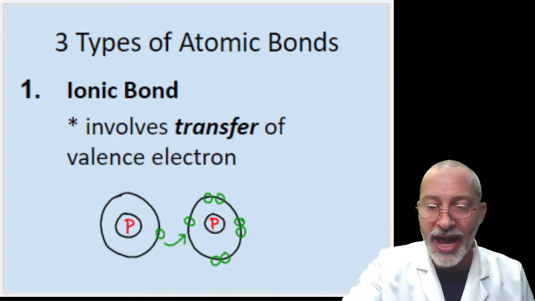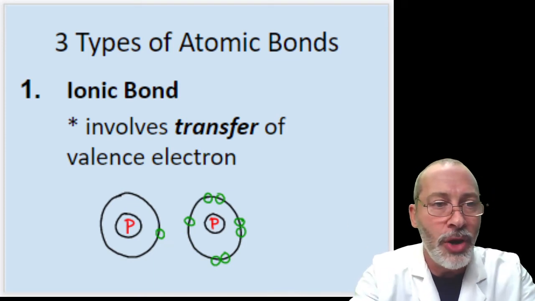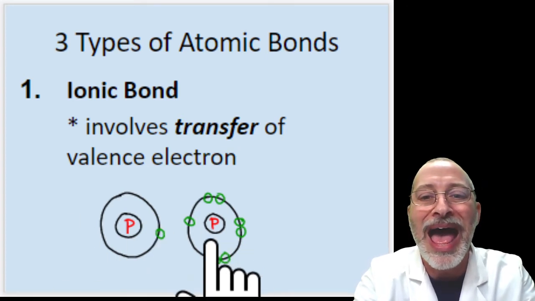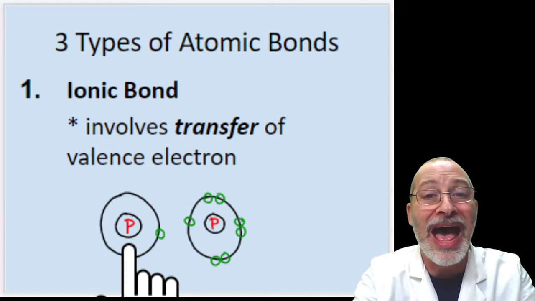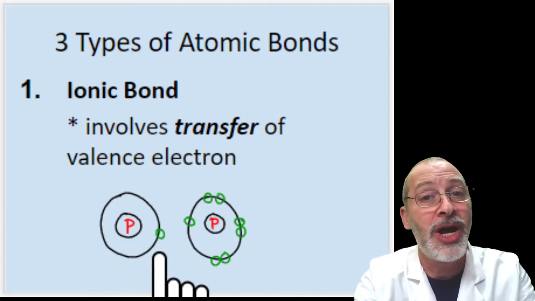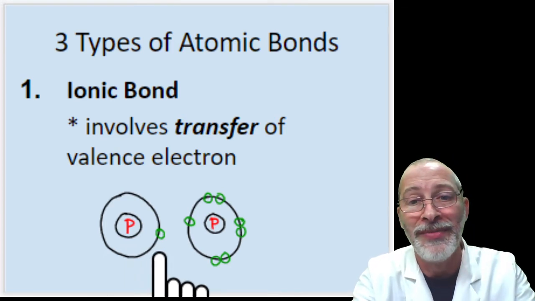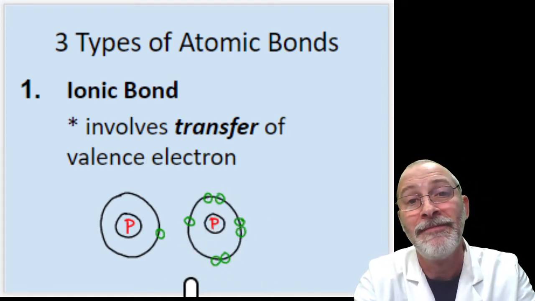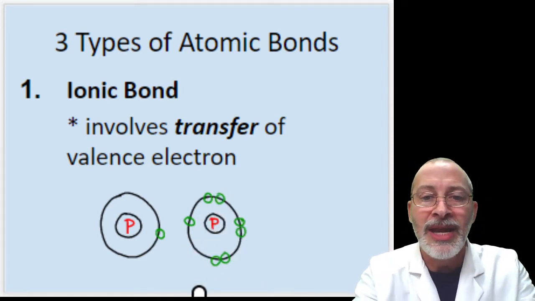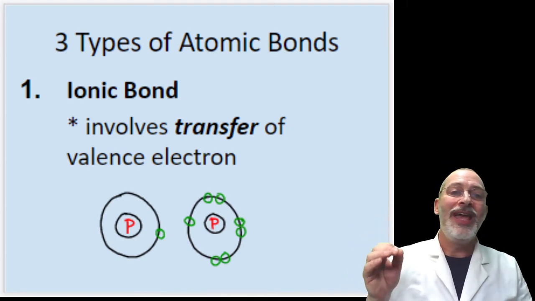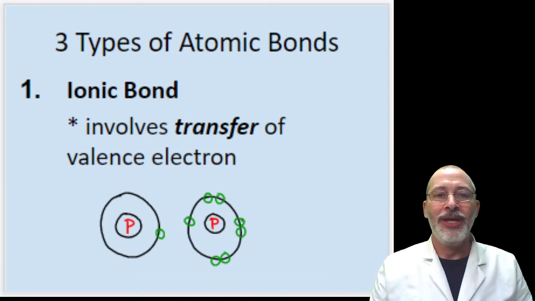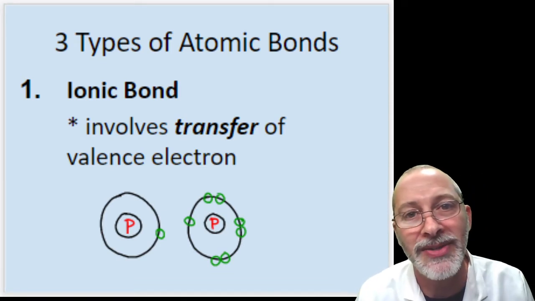But let's look at this diagram. Let me go back first. Notice in this diagram here, we've got two atoms. One atom has how many valence electrons? That's right, one. And the other atom has how many valence electrons? 7. Now, in chemistry, 8 is a magic number. 8 is a magic number in certain respects, okay?